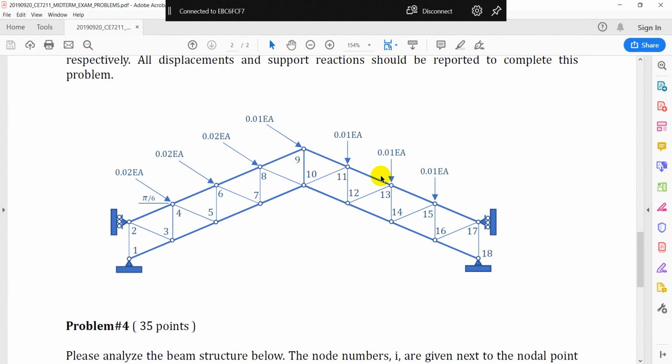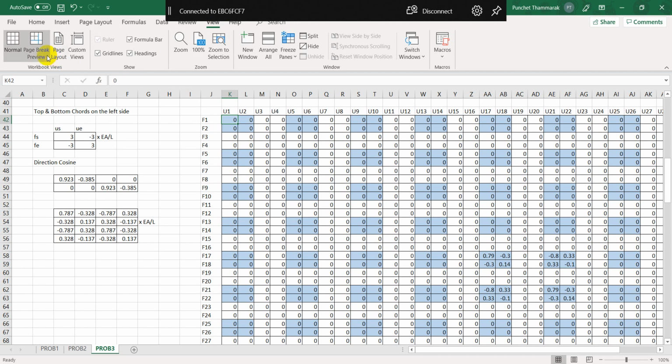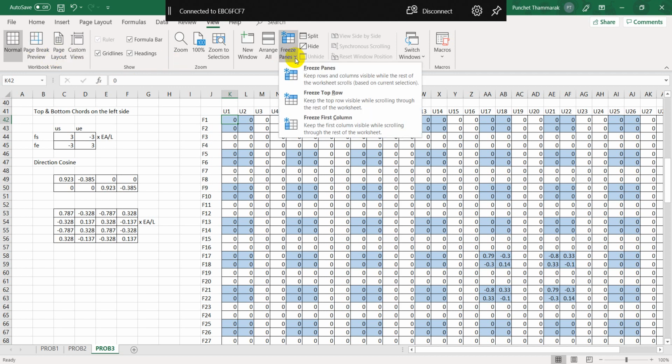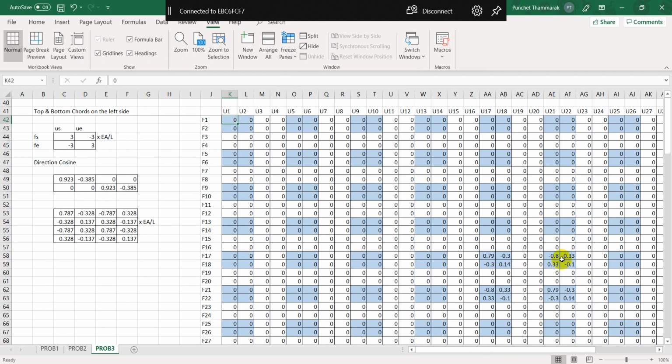Next one, 21, 22 and 25, 26. Maybe I freeze pane over here. View. Where is the freeze pane? Okay, freeze pane over there. Okay, great. 21, 22, 25, 26. So this is equal to 2 times this, which is identical. 25, 26 here.